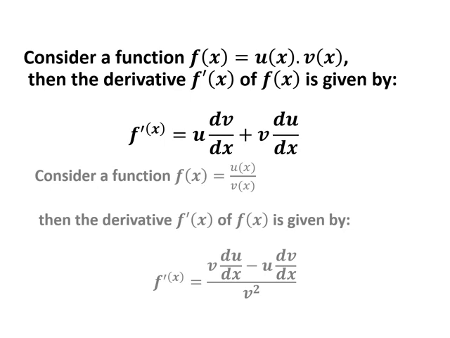Then in that case, you can use the quotient rule. The derivative of such a function will be given by this formula, which will be given to you on the formula sheet. Right. So we are going to look at some examples on how to apply these two formulae.